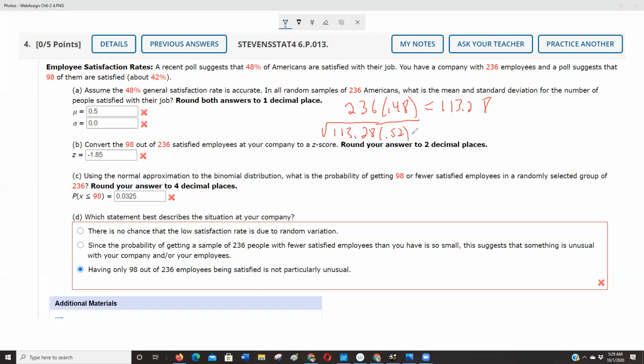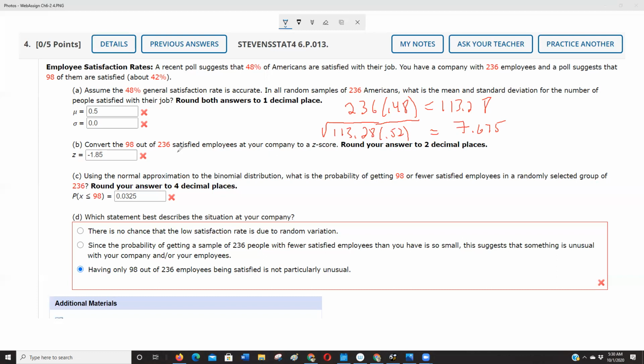That's telling me I'm getting a standard deviation of about 7.675. Sorry, this is WebAssign, so we'll go 3 decimal places. That truncated, so we're done. All right, so that's the mean and standard deviation.